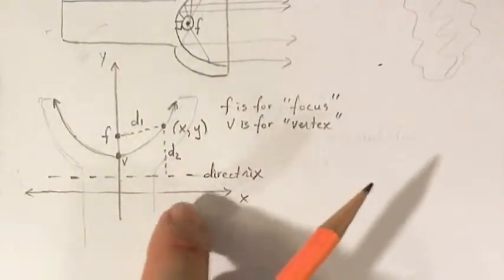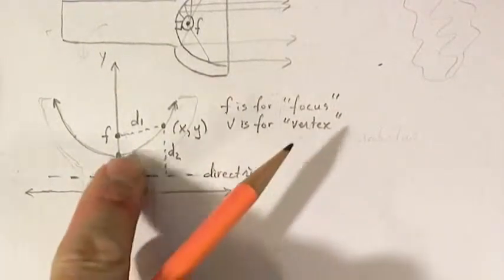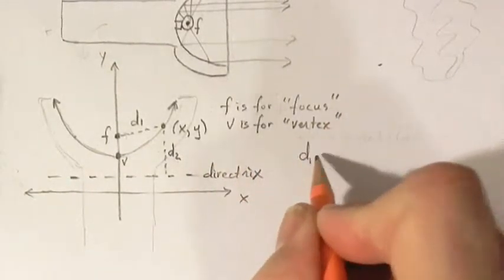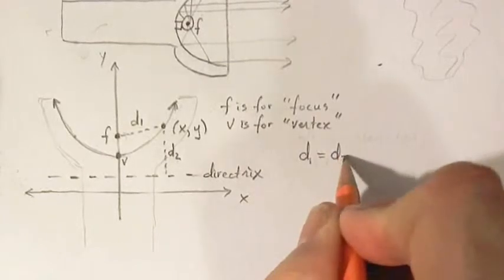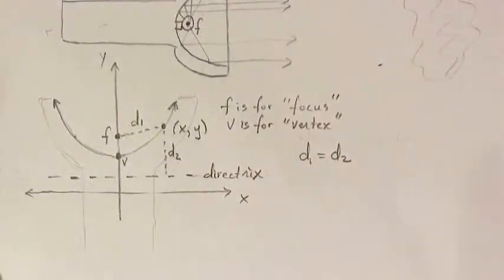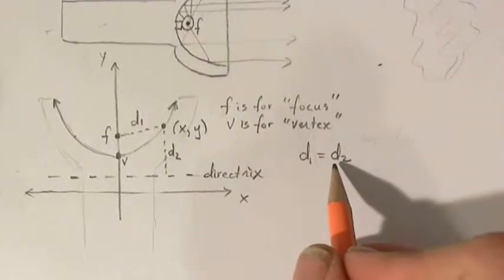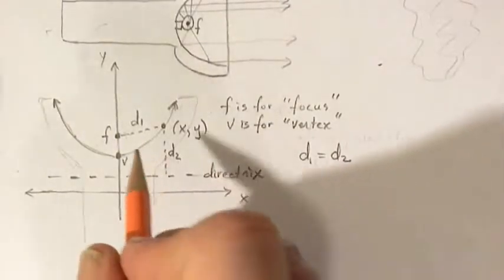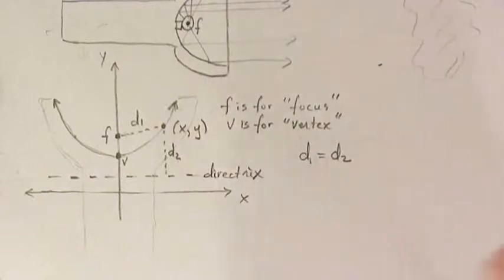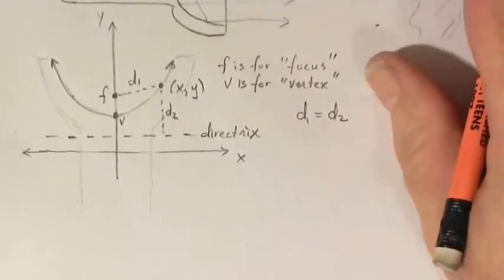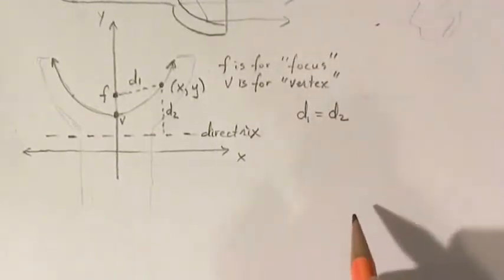Instead of having one distance like we did for the circle, we have two distances. And the relationship is that these two distances must be equal. Now, using this and the distance formula, we could work out the equations, but I'm going to shorten it up a little bit. That derivation is a little bit long, and I think you might fall asleep if I did it.